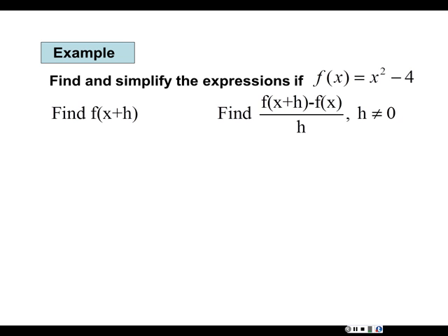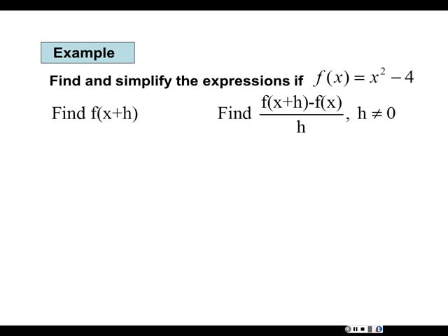So the next part is f of x over h. So let's write the equation from here. x squared minus 2xh plus h squared minus 4 minus the original function, which is x squared minus 4, over h.